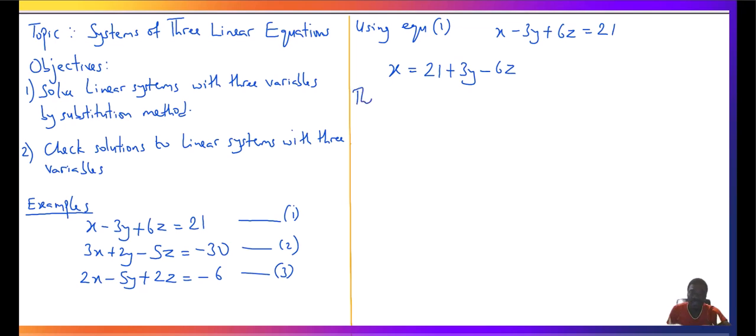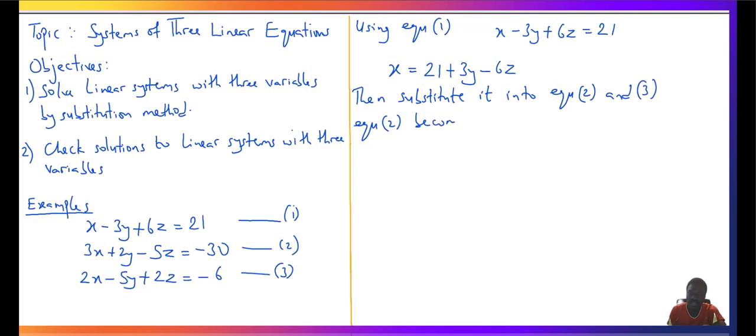Then substitute it into equation 2 and 3. Why 2 and 3? Simply because it was equation 1 I used to get this new equation. So it simply means anywhere you see x in equation 2 and equation 3, simply put 21 plus 3y minus 6z.